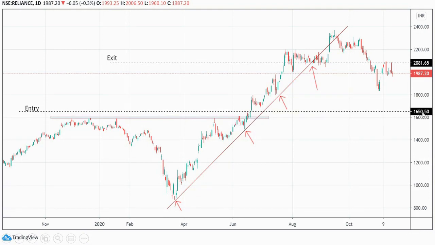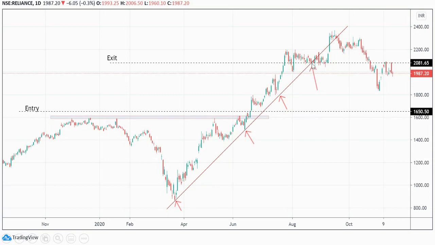So the entry can be taken at 1650 and then you keep trailing your stop loss. The first trail will be here and the second trail will be here. As you can see, there was not much opportunity to trail the stop loss actually. You could have trailed it here at 1800, so that now this is your free trade. 150 rupees is already in your pocket.